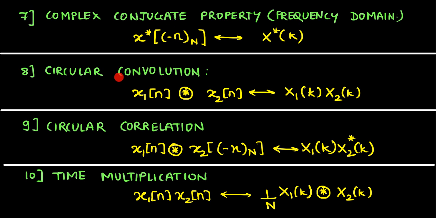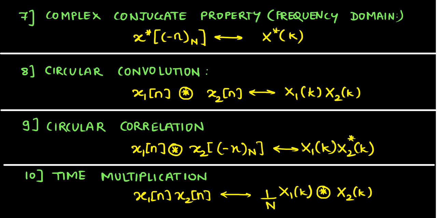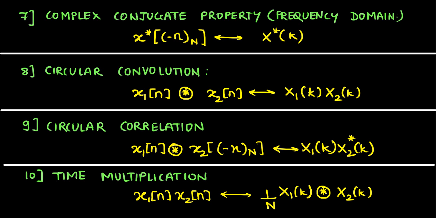Then we had seen the circular convolution property. That is, if we have convolution of two signals in the time domain, or to be precise, if we have circular convolution of two signals in the time domain, then we are going to get multiplication of their corresponding DFTs in the frequency domain. Similarly, we had seen the circular correlation property.